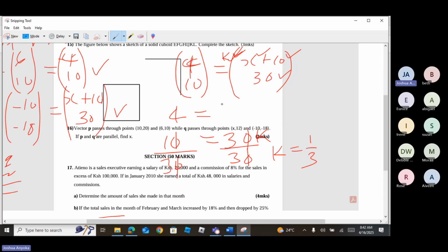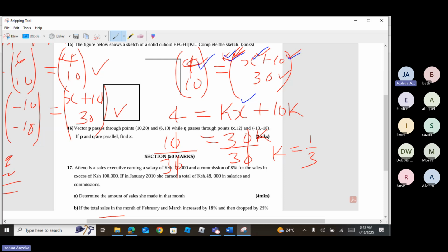K times x, it is kx, and k times 10 is 10k. That one is okay now? Yes. So we have 4 equals to k times x plus k times 10.